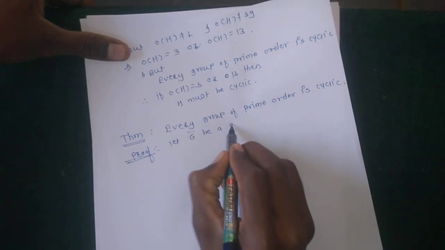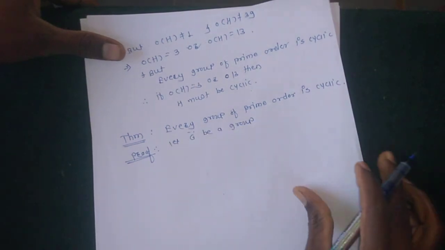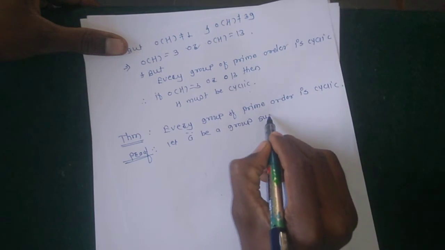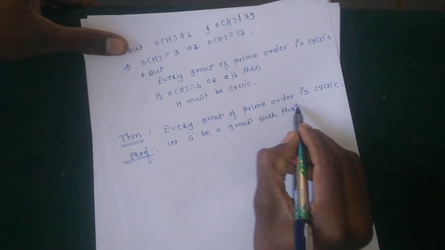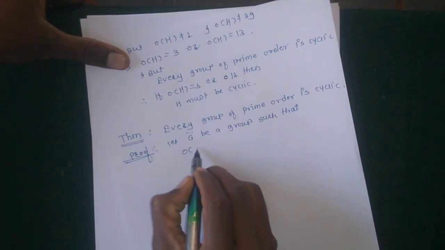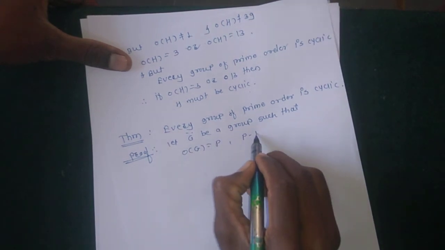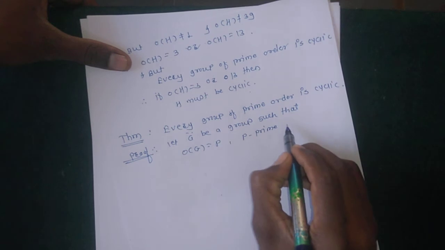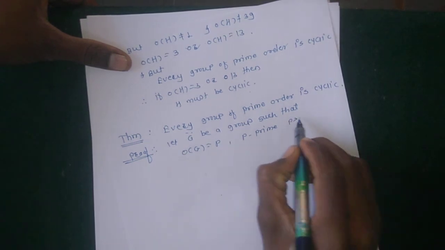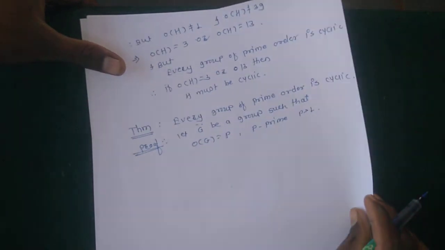Let G be a group such that the order of G is equal to p, where p is a prime number and p is greater than 1 always, because p is prime.